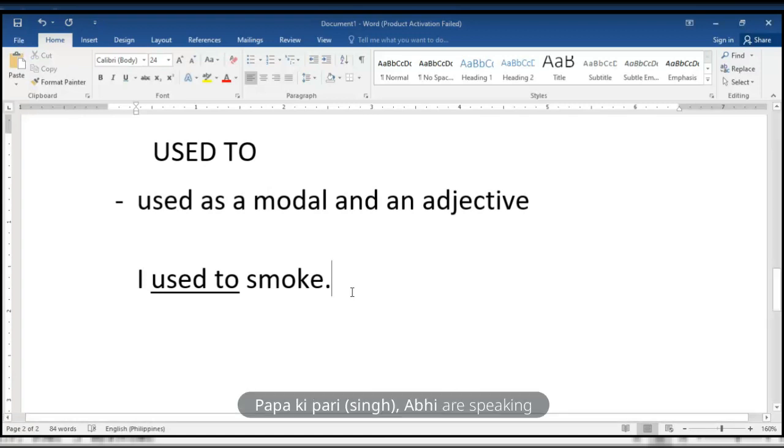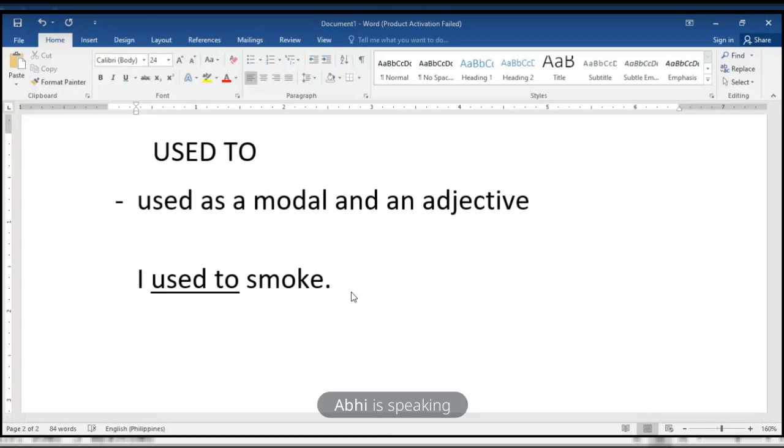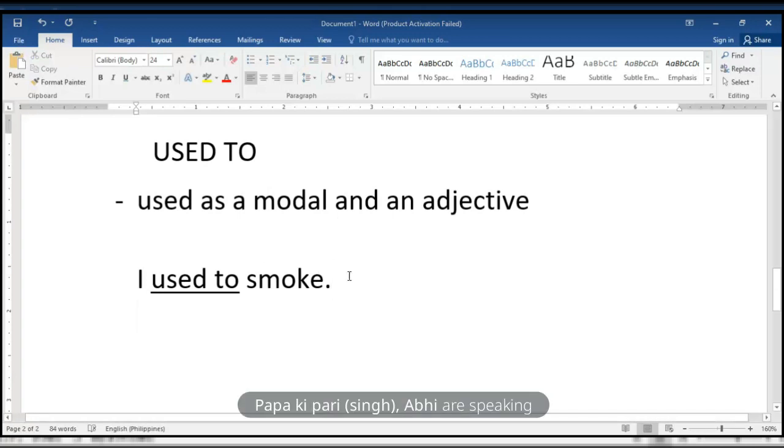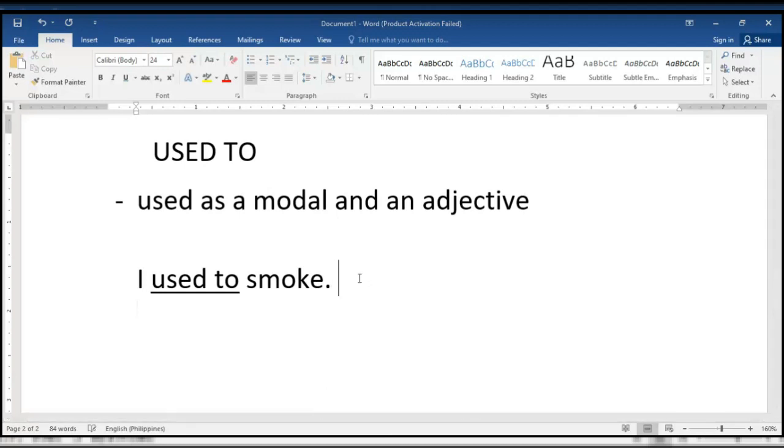As I said, the verb's first form will come just after "used to". So I'm talking about my past action. I used to smoke. It is a past action.